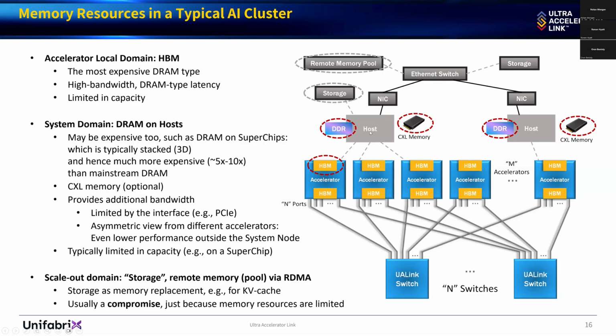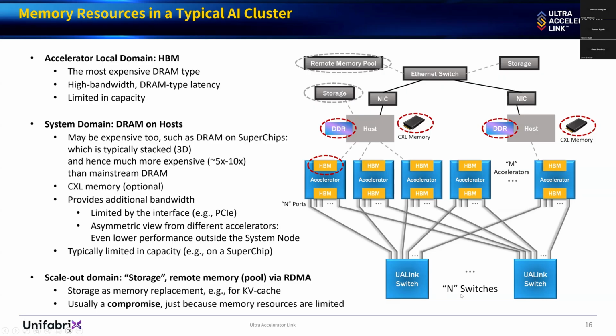So it would be available on a host closer to the accelerator that consumes the memory. This is a kind of a compromise. Just because memory resources are limited, people are looking for ways to get to memory through other means.